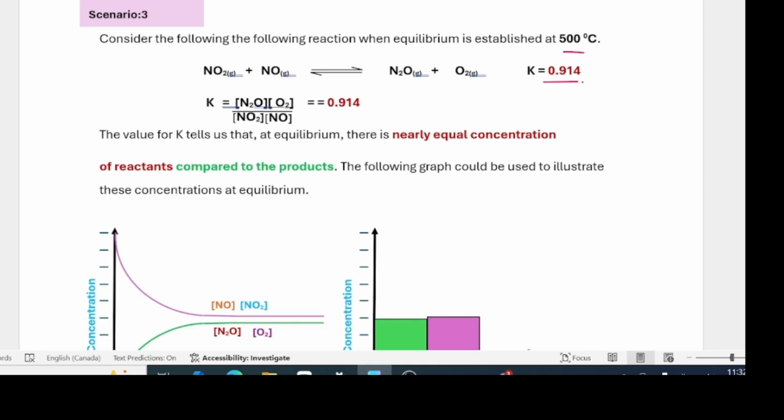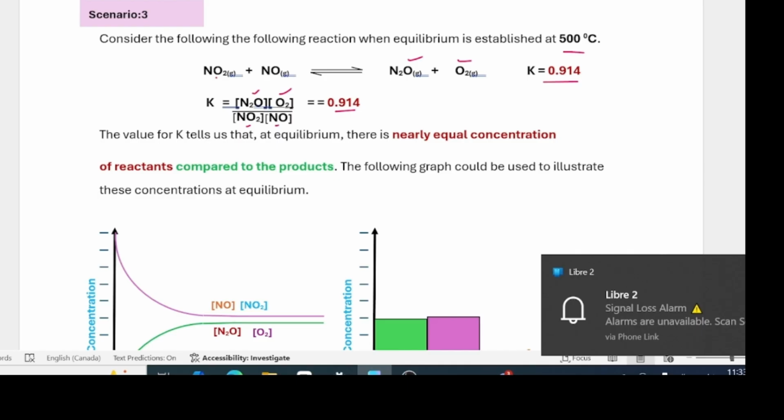The expression for that is that concentration here times the concentration of oxygen divided by the concentration of nitrogen dioxide times that of nitric oxide, and it turns out to be that. So which one do you think is going to be slightly bigger? These, the reactants, are going to be slightly greater in concentration than that.